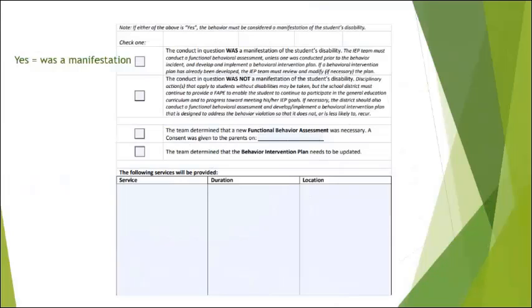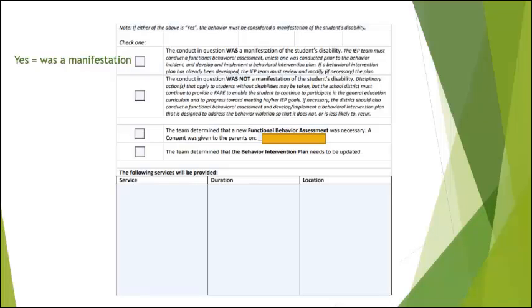From the previous conversations, if either question resulted in a yes, then the team will then determine if the conduct was or was not a manifestation of the student's disability. The team will then determine if an FBA is needed and indicate the date consent paperwork was given to the parents. Or the team may determine the student's behavior intervention plan needs updated.